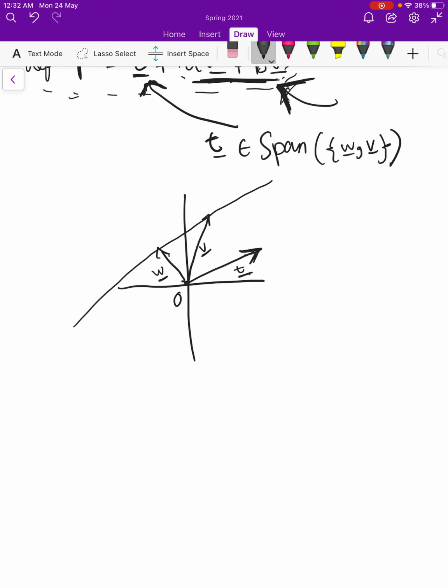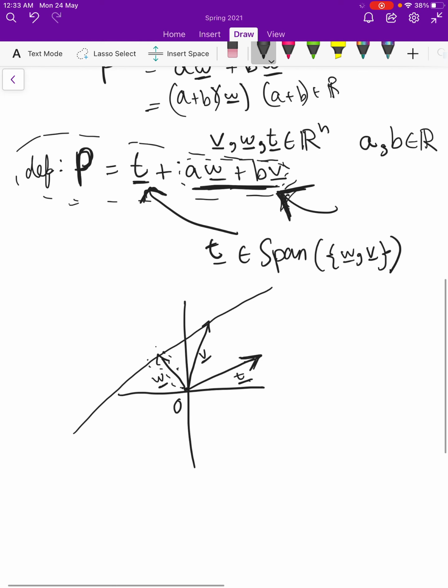We can assign one of these vectors as our t vector. So I guess it's most logical to make the t vector t, right? So let's say our t vector is t. Well, then we can have w and v kind of attached to these.